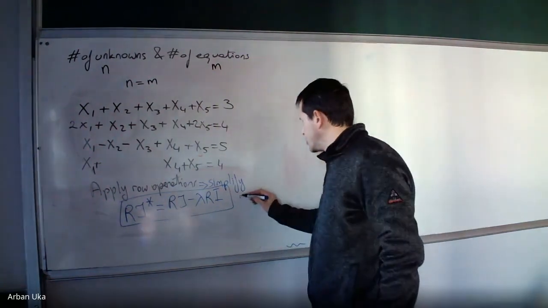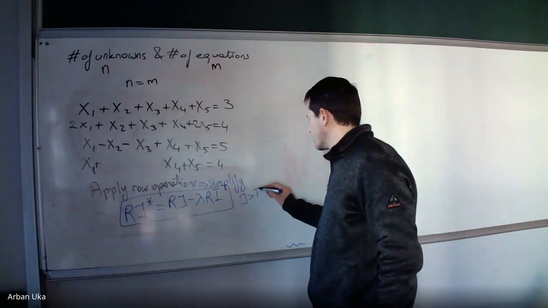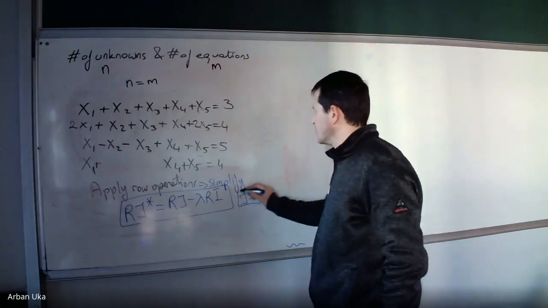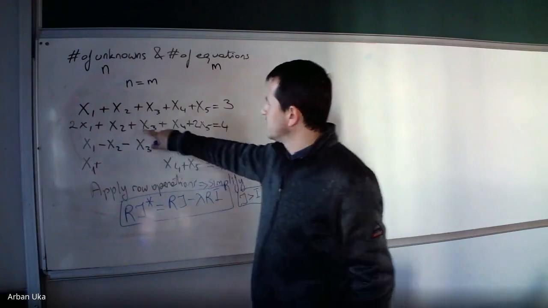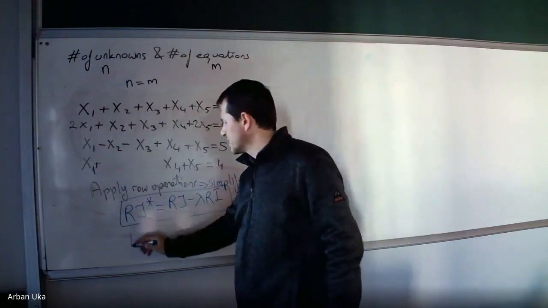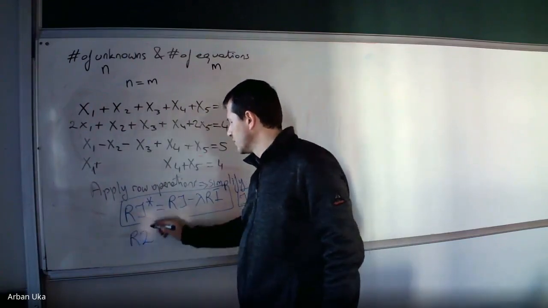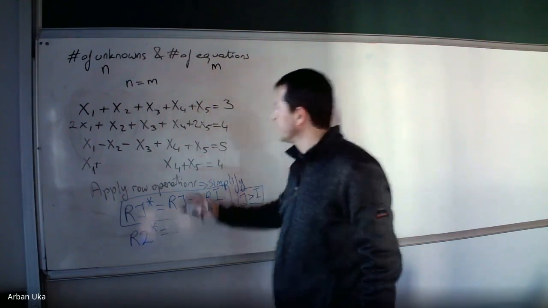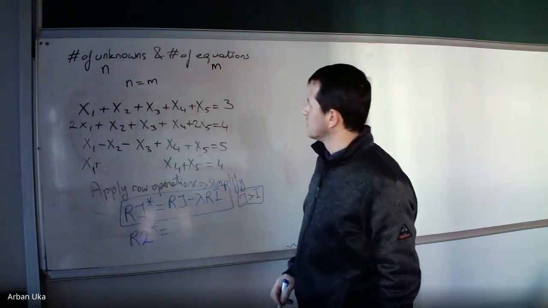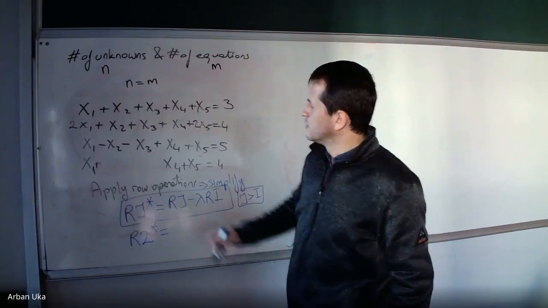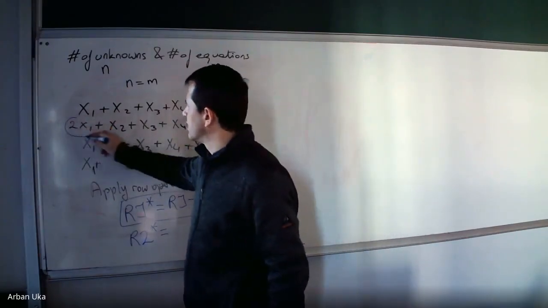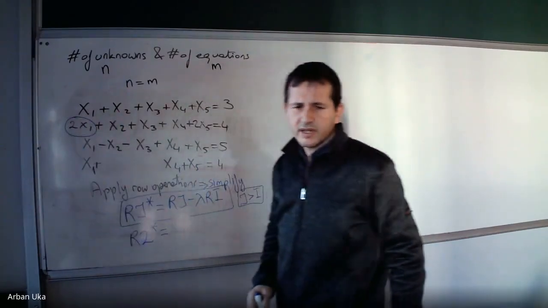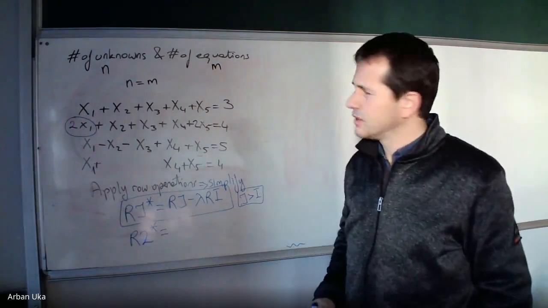And here, j is always larger than i, which means the following. We can modify the second row, so we can call the row R2 star equal to, so let's see for a moment, let's assume we want to cancel out this term, which is defined as trying to simplify the equation.